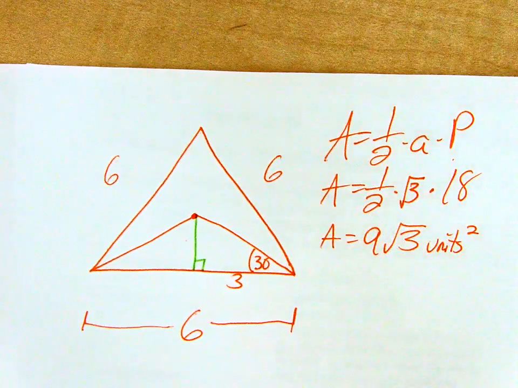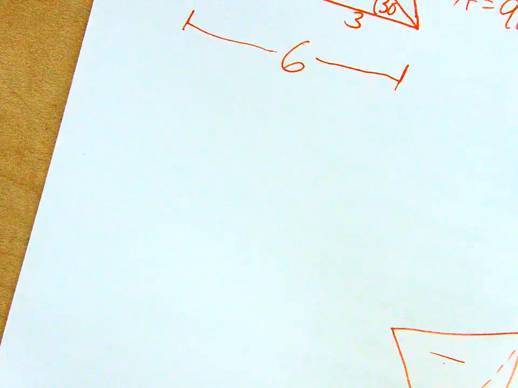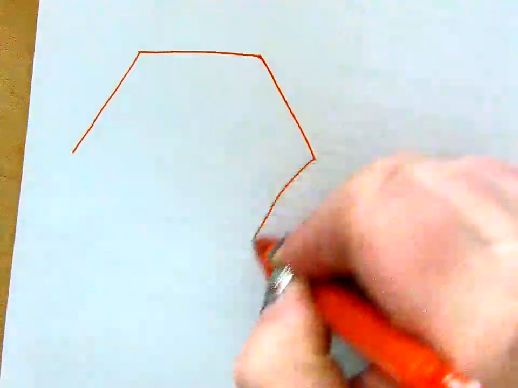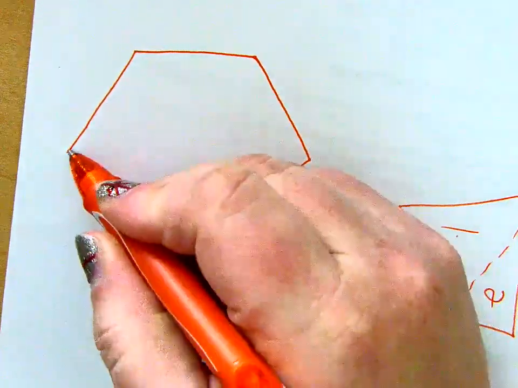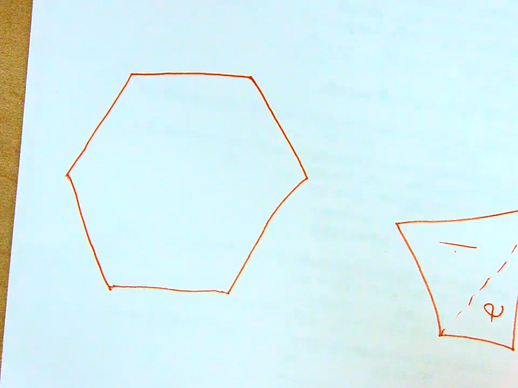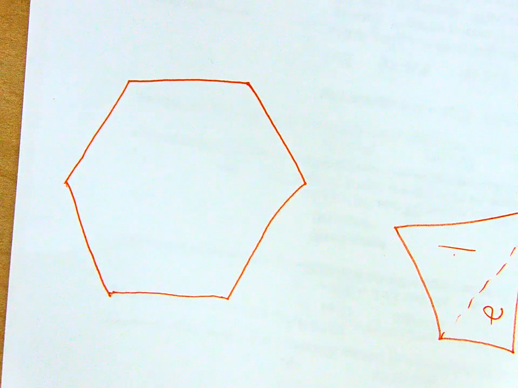Okay, let's do another shape. How about a hexagon? Well, okay, we should have probably started there. Does everybody remember all of our shape names? Let's recap. 3 sides, of course, is triangle. 4 is a quadrilateral. 5 is a pentagon. 6, 7, heptagon. 8, octagon. 9, 10.